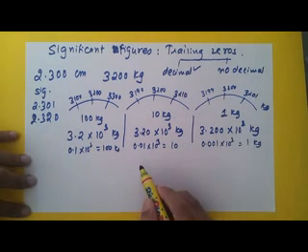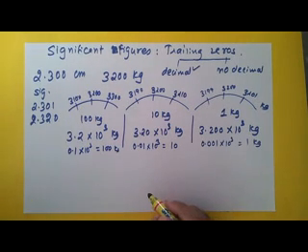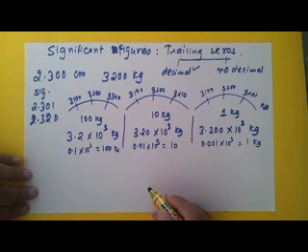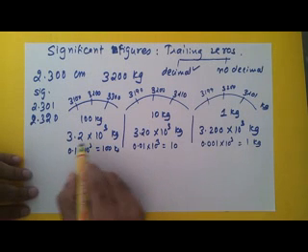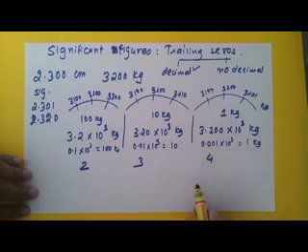So if we use this particular notation, we will be able to clearly represent the accuracy with which the measurement has been made, right? And from this we can say the number of significant digits here are 2, here 3, and here 4, right?